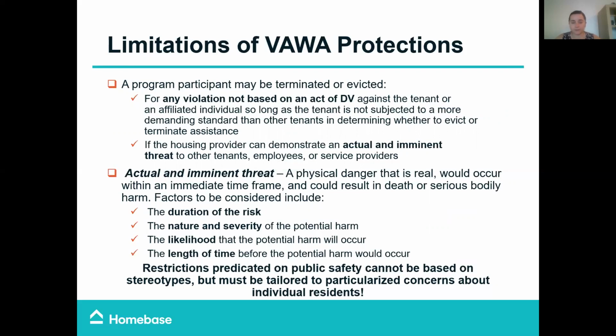It's a physical danger that is likely to occur within an immediate time frame and could result in death or serious bodily harm. Importantly, none of these limitations on VAWA protections can be used based on stereotypes. They must be tailored to particularized concerns about individual residents.